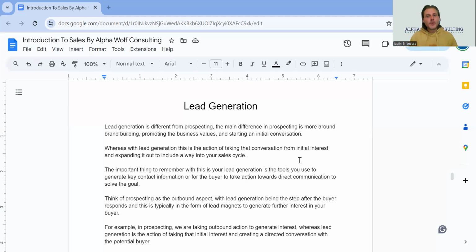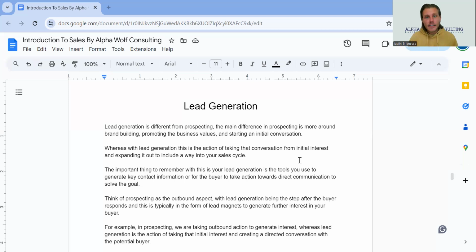So to go on from the last scenario we were using in prospecting, we're a marketing business that helps small businesses in hospitality, so small restaurants, increase their customer base and create offers so that they're able to turn down days into up days. An important thing in lead generation would be to have a tool or an asset that is able to help us do this.